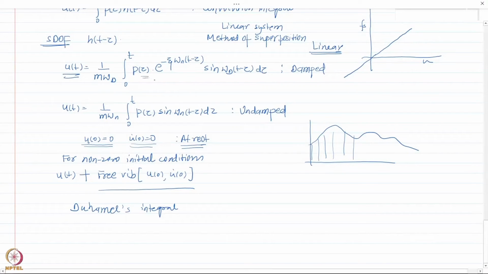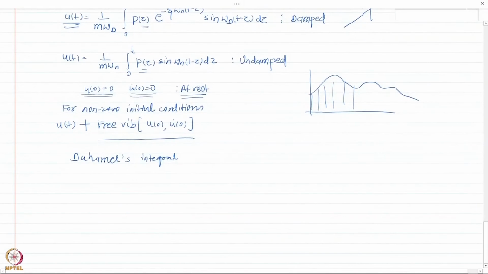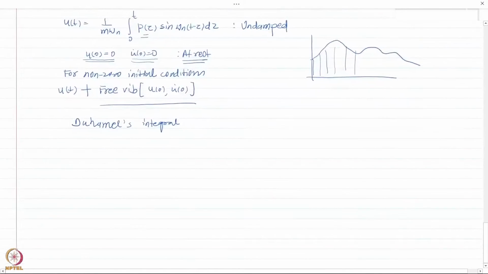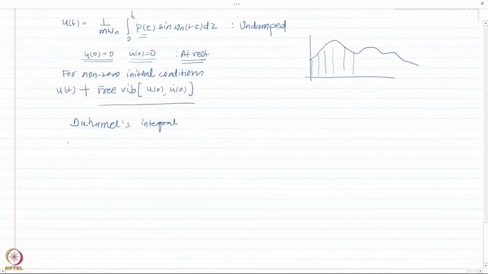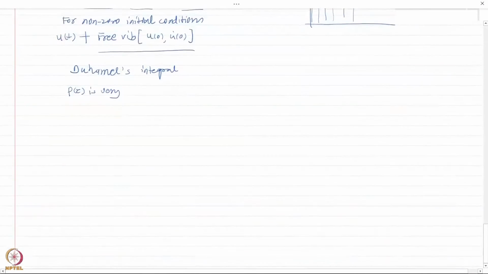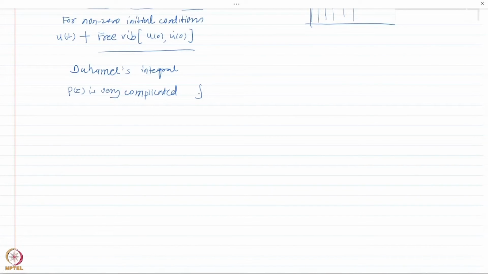If p tau is a very simple function, then I can integrate this expression and obtain the solution for u of t. But if p tau is very complicated, then perhaps I won't be able to evaluate the integration analytically, and I'll have to go into numerical integration, which we will see in a future chapter.